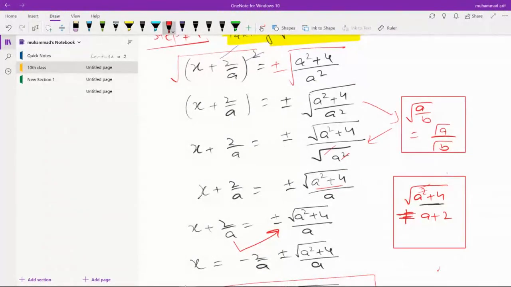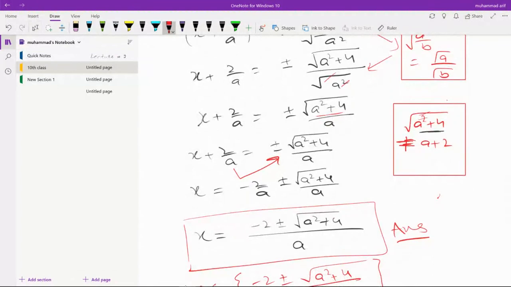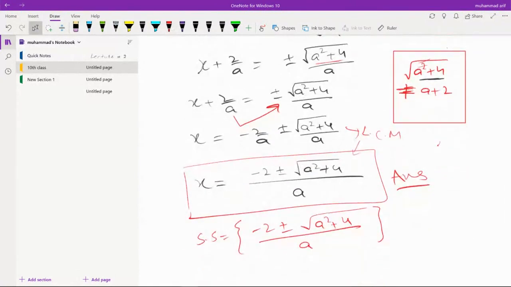And after this we have plus minus square root of a square plus 4 by a. Now on left hand side we shift 2 by a, on right hand side we have minus 2 by a plus minus square root of a square plus 4 by a. Again we take LCM here. By taking it, we have our required answer.